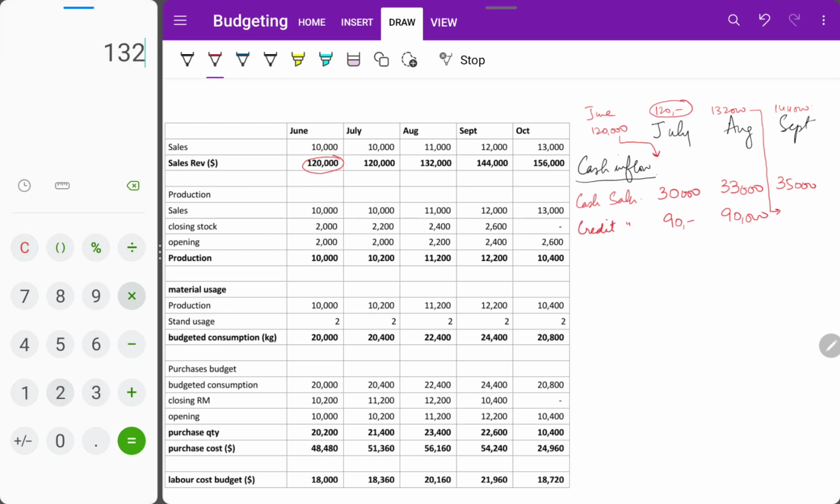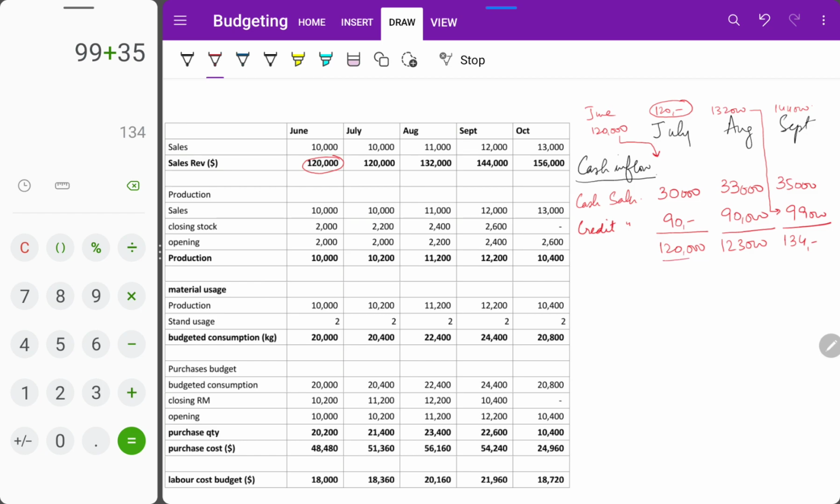So 132 times 0.75 is 99,000. So 120,000 will be cash inflow in July, 123,000 in August, and 99 plus 35 is 134,000 in September, right? This is the cash inflow.